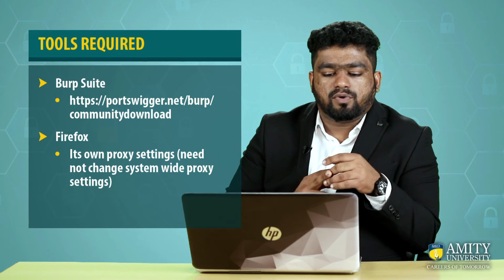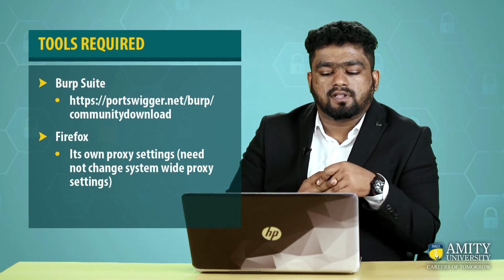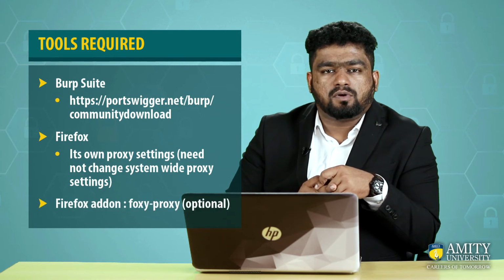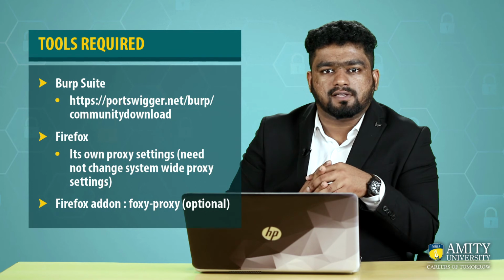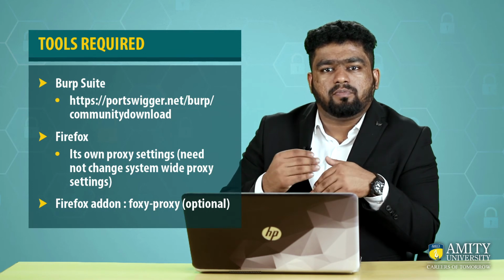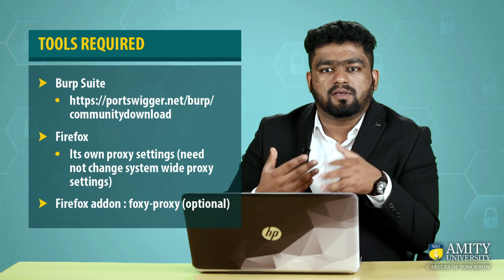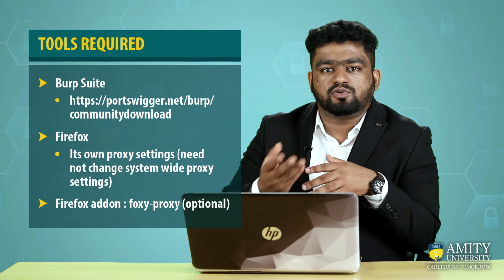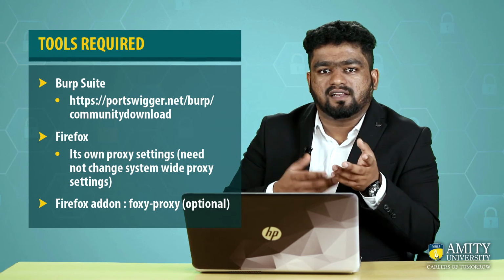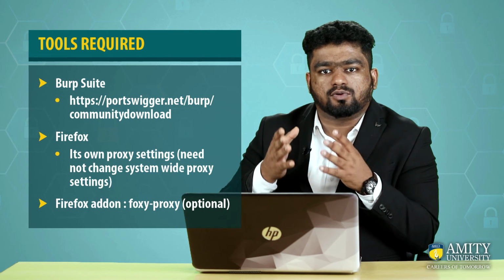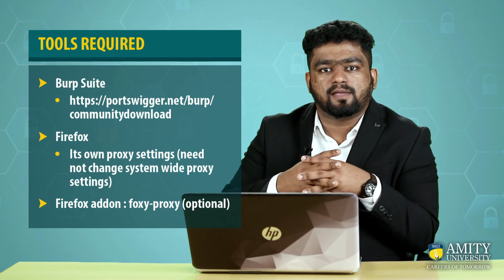So we'll use Firefox for that, and we will also be using a Firefox add-on known as Foxy Proxy. I'll be using this add-on just to make it easier to switch between the proxy and no proxy mode. To switch into proxy mode, we would have to access the network settings of Firefox and set it to go through this particular port and this particular IP.